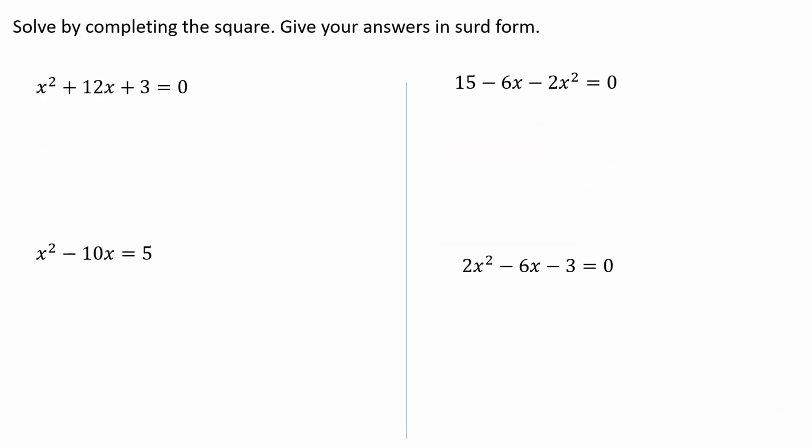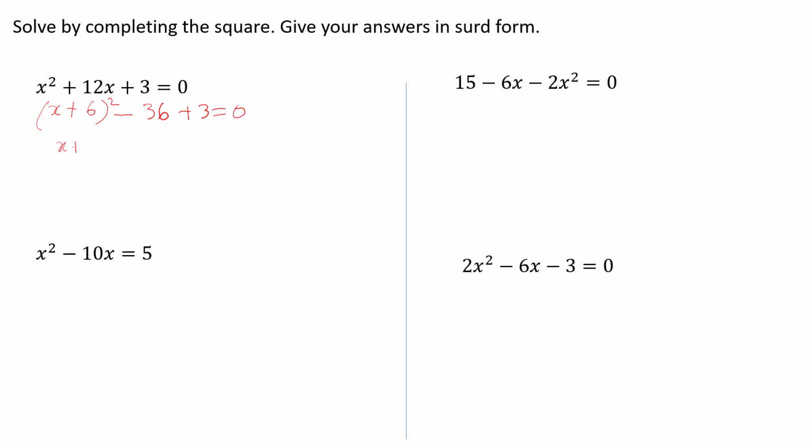Solve by completing the square, give your answers in surd form. x squared plus 12x plus 3 equals 0. So first do the completing the square. x plus half of 12, which is 6, squared. Then take away 6 squared, which is 36, plus 3 equals 0.